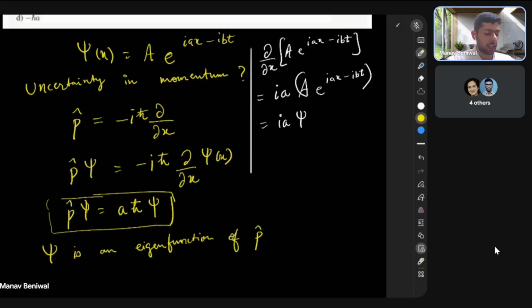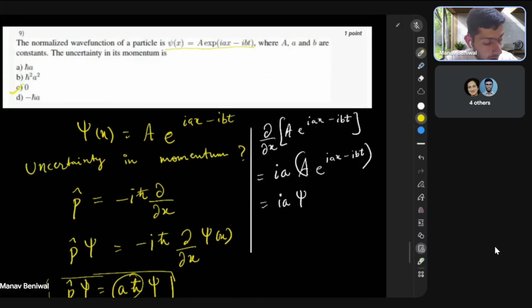Because when we operate p on psi, we get back the same psi multiplied by a constant, and this constant is our momentum eigenvalue. So our particle is in a pure momentum state. This is our pure momentum eigenstate. We have a well defined value of p as a times h cut. This value is well defined, so we do not have any uncertainty in momentum, therefore delta p is 0. So correct answer is option C.